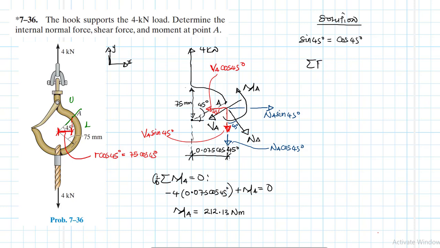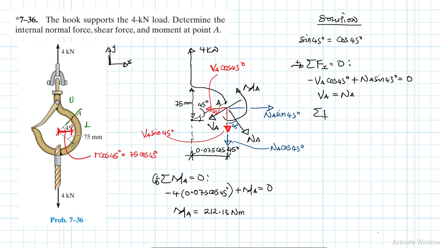So now let's apply the equations of equilibrium, in the x and in the y. Summation of forces in the x direction equal to 0. What we have is minus VA cos 45 plus NA sine 45. Since cos 45 and sine 45 are equal, therefore our VA will be equal to NA.